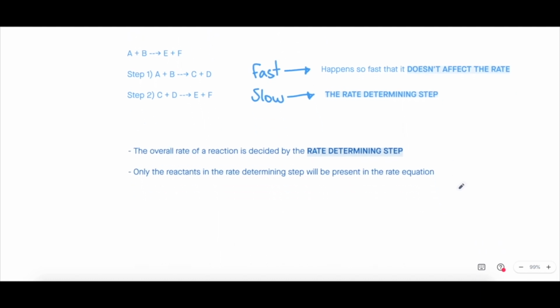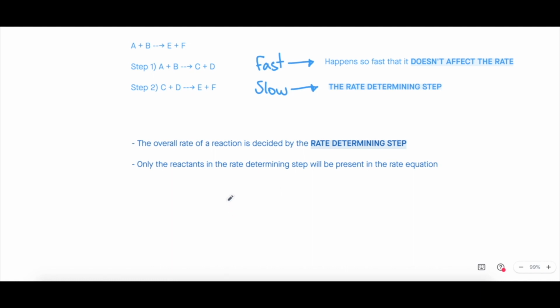So for this one, the rate equation would look something like this. Rate is equal to, remember there's no A or B, there's only C and D because they're the reactants in the rate determining step. So k, concentration of C to the power of m, times concentration of D to the power of n.